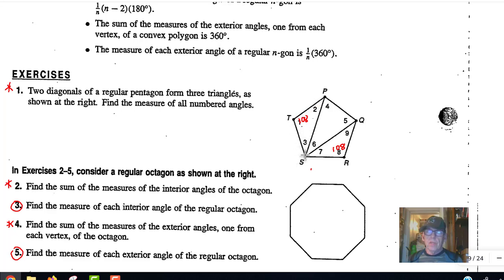That means that this triangle STP is an isosceles triangle, and angle 3 and angle 2 are going to be congruent. So that lets you figure out what those are. And then 2 and 4 together need to make 108. And that doesn't help with 3 and 6, but 2 and 4 together needs to make 108.